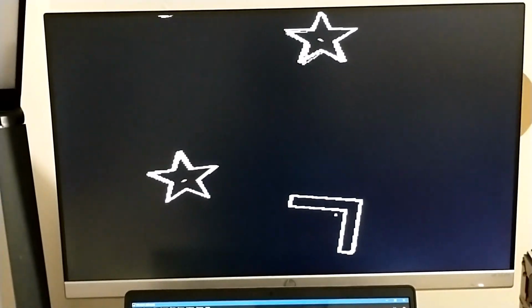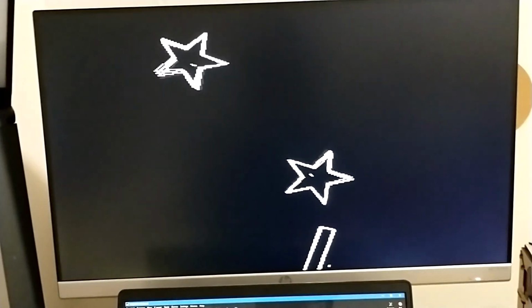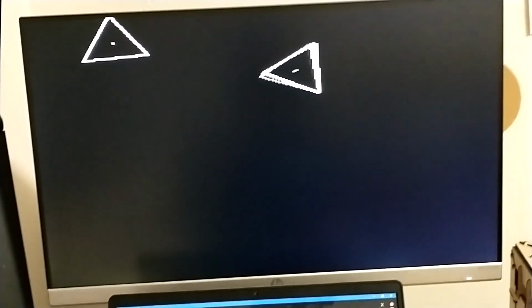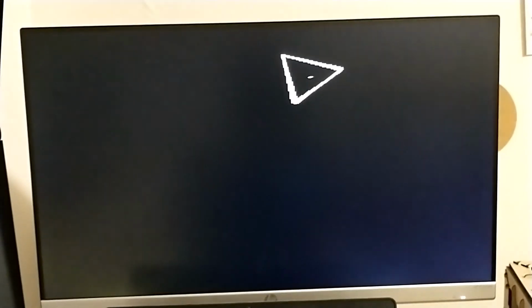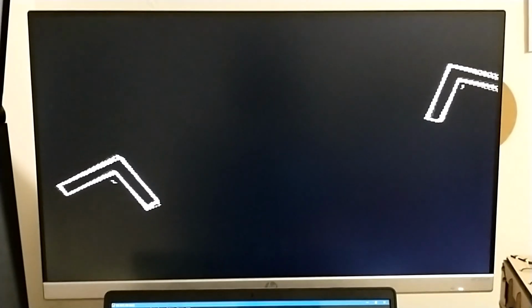So here we are. It makes a lot of noises when things collide a lot, but that is working, even though it's a little annoying sometimes. But as you saw with that triangle in the corner, the collision handling sometimes works.